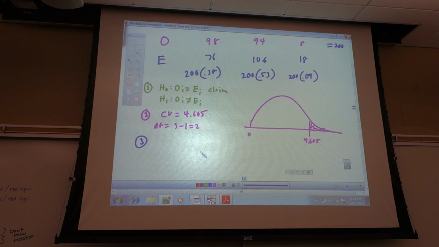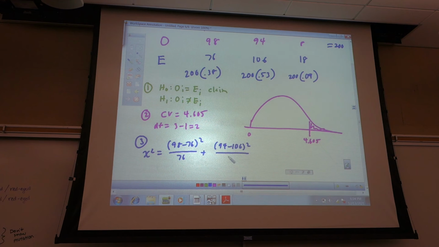Diego, go ahead. So you've got to use the formula that chi-squared equals the sum of O sub I minus E sub I squared, divided by E sub I. So 98 minus 76 squared divided by 76, plus 94 minus 106 squared over 106, plus 8 minus 18 squared divided by 18. You have to write this out.